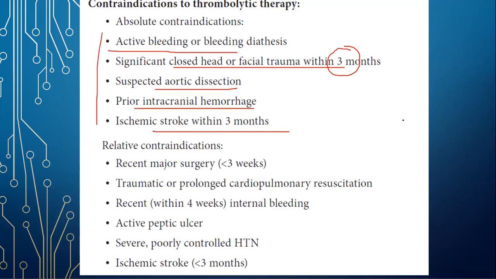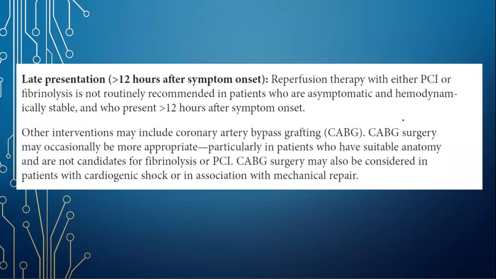These patients should not get thrombolytics because of the increased chance of bleeding. Late presentation: if the patient presents more than 12 hours after symptom onset, then neither PCI nor thrombolytics is routinely recommended.